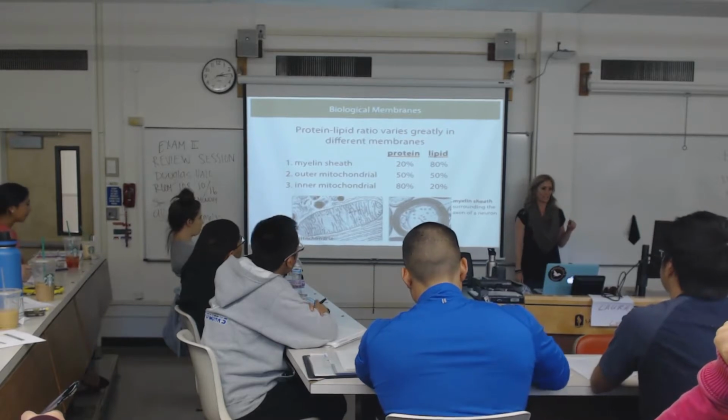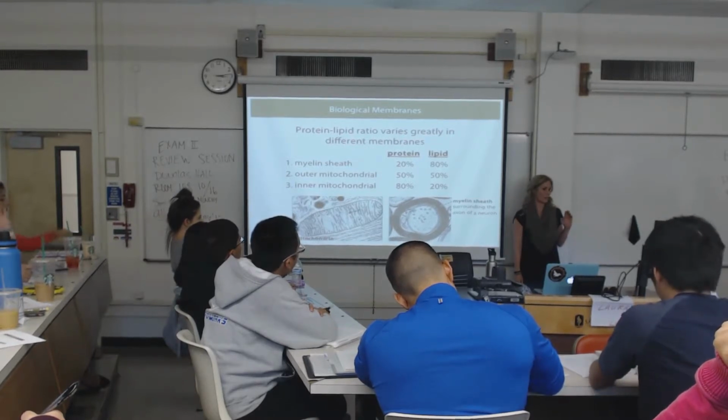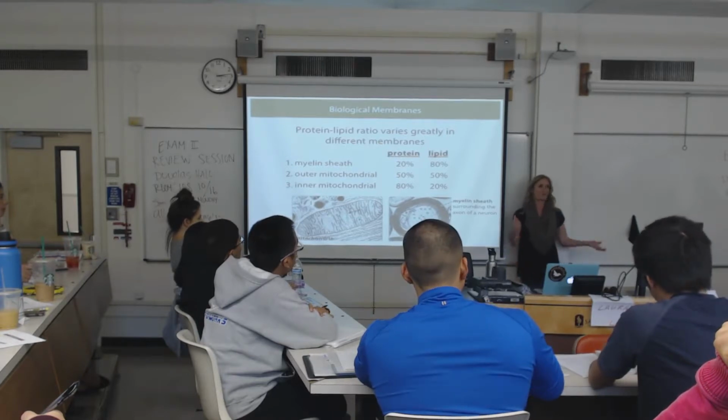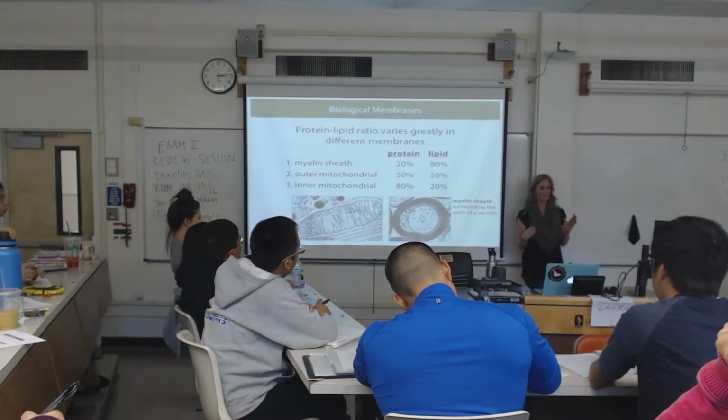So this is interesting. If you think back to the endosymbiosis theory, where does it say mitochondria come from? From a bacterium that was engulfed by a primitive ancestral eukaryotic cell, right?